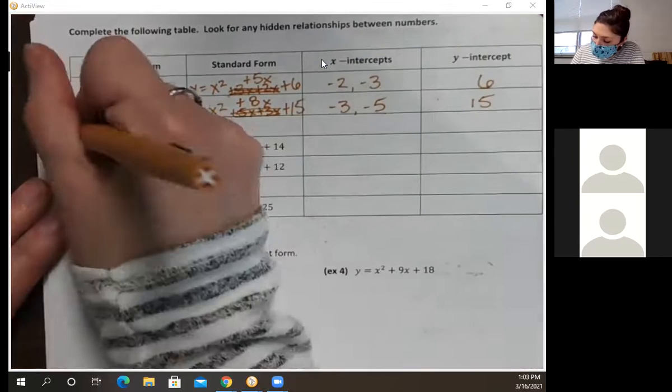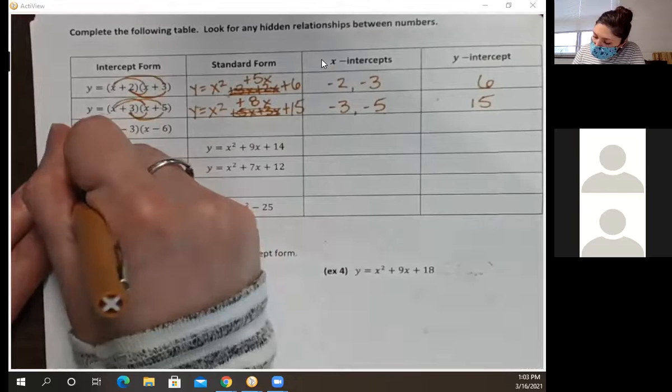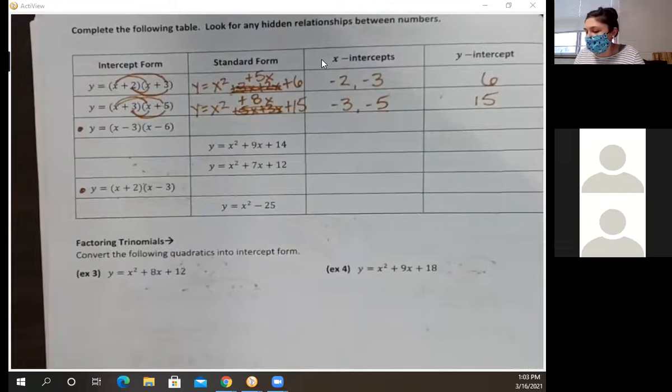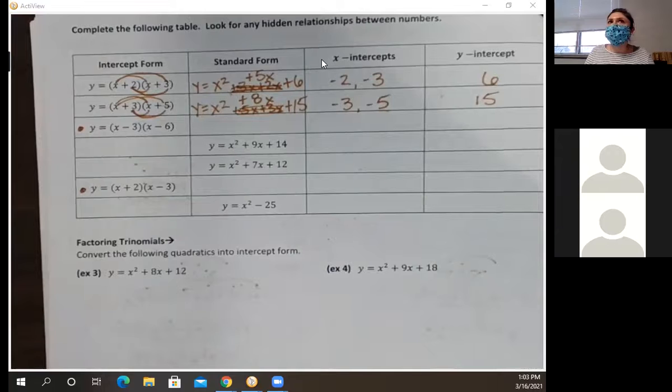I would like you now to try the remaining two problems that are given to us in intercept form. Change them to standard form, identify our x and y intercepts.